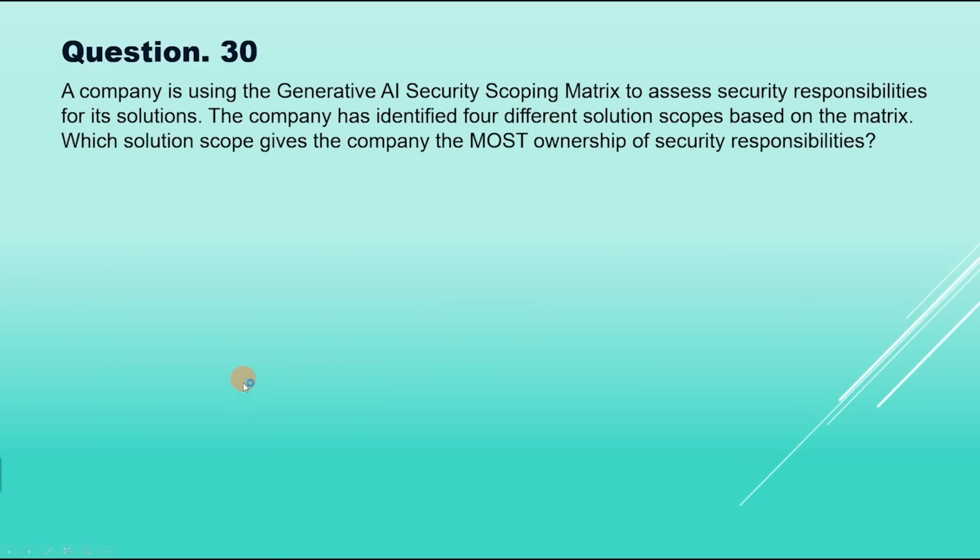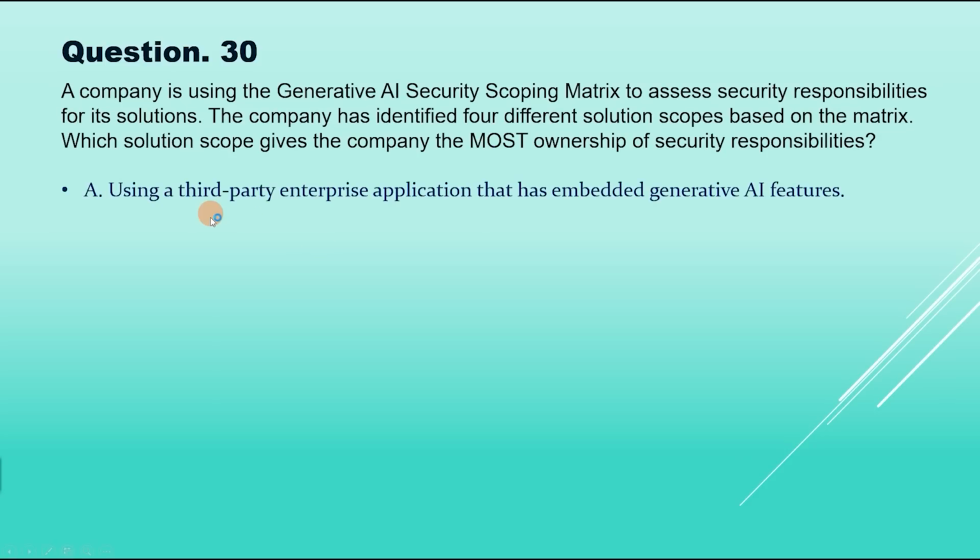Now question number 30. A company is using generative AI security scoping metrics to assess security responsibilities for its solution. The company has identified 4 different solution scopes based on the metrics. Which solution scope gives the company the most ownership of the security responsibilities? And here are the options. Option A, using a third party enterprise application that has embedded generative AI features.